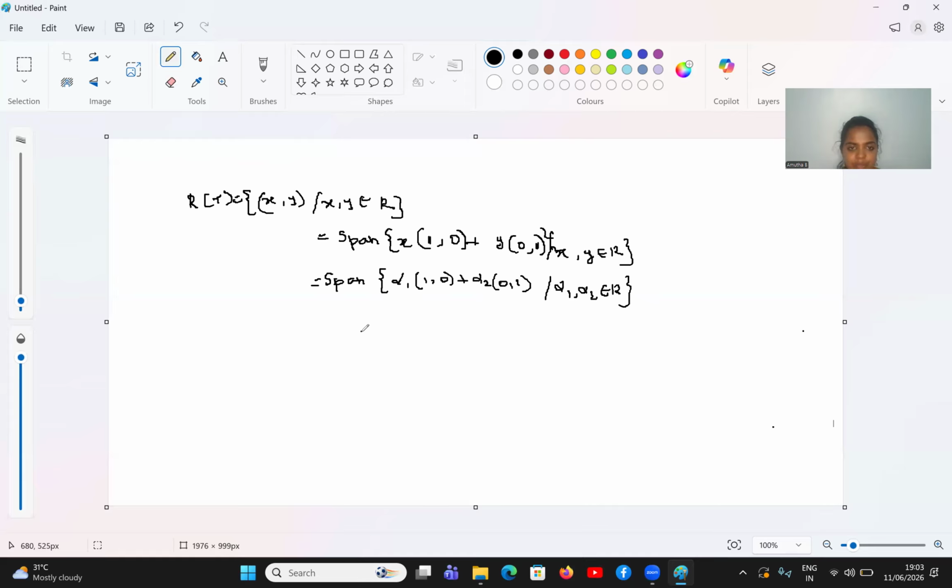Next step, in the place of V1, V2, what do we have? Vectors V1 is 1 comma 0, V2 is 0 comma 1. Just write S equal to {(1 comma 0), (0 comma 1)}, because we have arrived with 2 vectors. Those vectors I am going to put in one set.